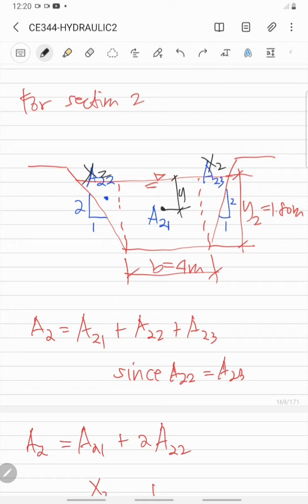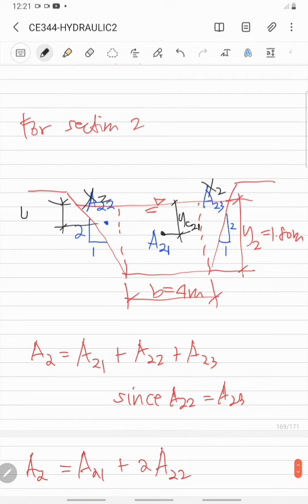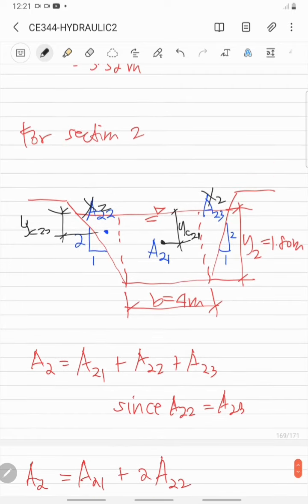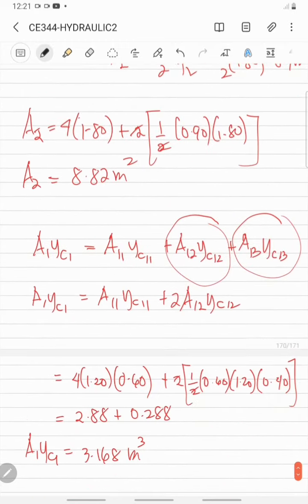This is yc21, this one is the location of your centroid, this is yc22, and also here, this is yc23.